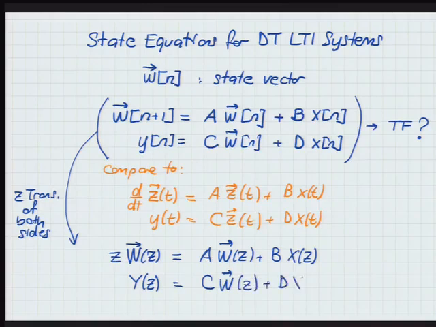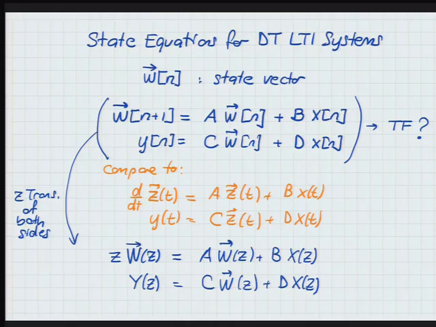So here we'll use nothing but the linearity property. Okay? So the goal here, what does a transfer function do? A transfer function relates the input x to the output y. So there are too many variables here. We want to eliminate the state variable. These are intermediate variables. We want to get rid of them, so we get an expression for output versus input.